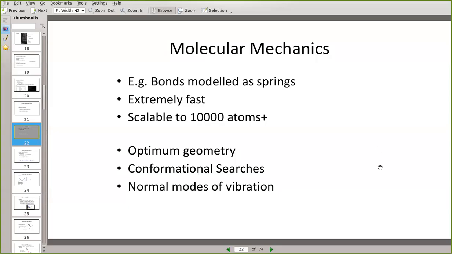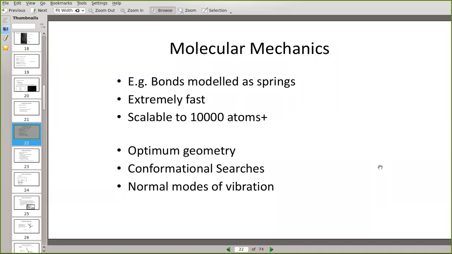Okay, so in molecular mechanics, bonds are modeled as springs, and it's a very simple expression to calculate the energy of a spring, which makes molecular mechanics extremely fast, which means that we can scale it to thousands and thousands of atoms.